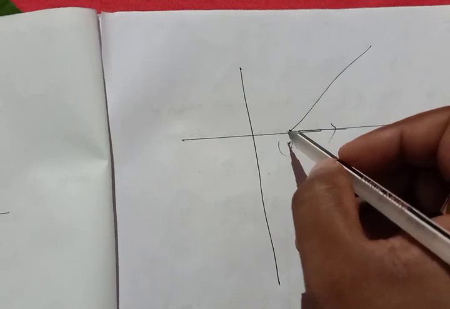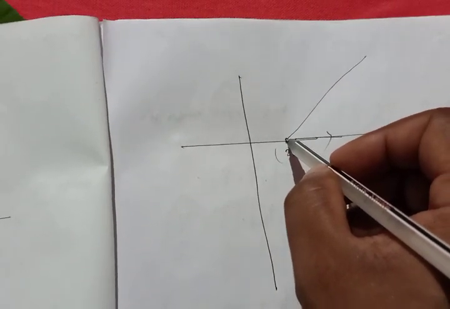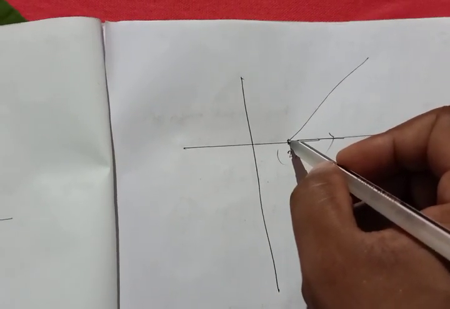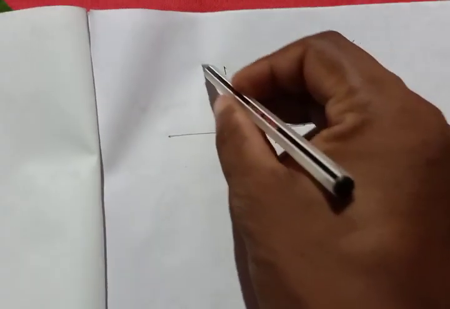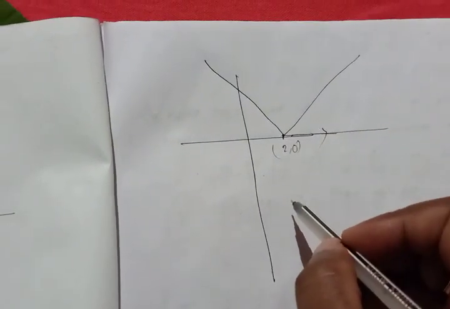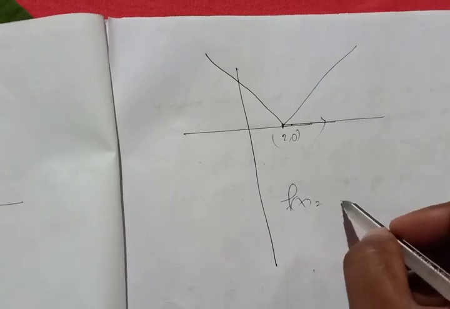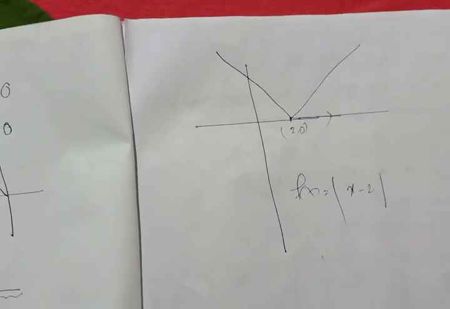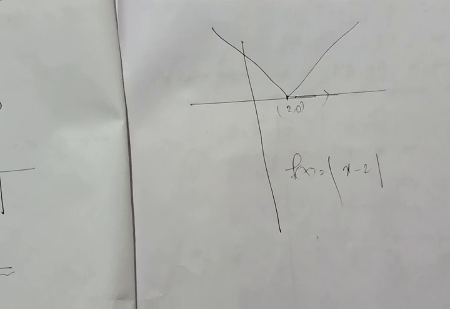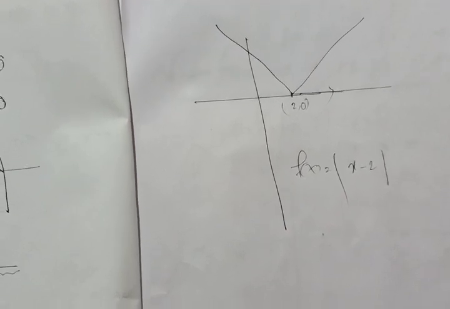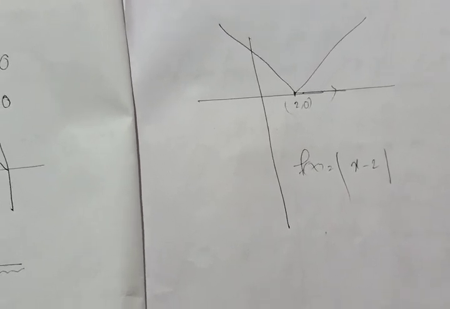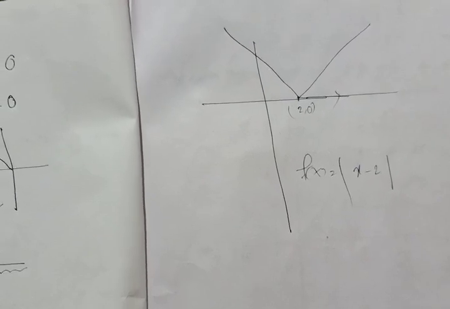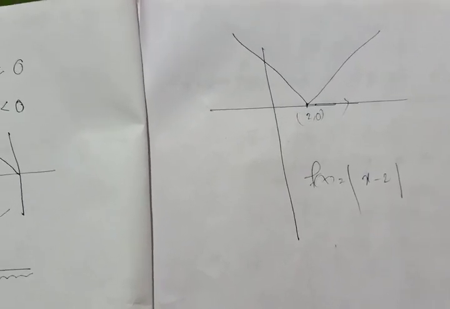If x is less than 2, you have to draw the straight line passing through (2, 0) making an angle of 135 degrees, like this. So this is the graph of f(x) equal to mod of x minus 2. To find the value of sin inverse of sin theta, particularly for the graph, we need these things.